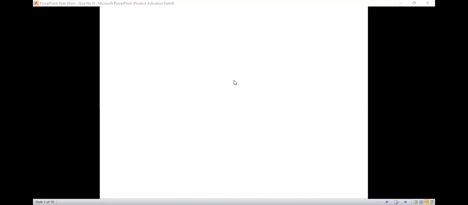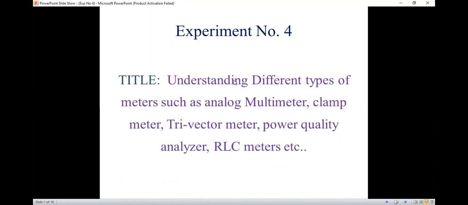The title of experiment number 4 is understanding different types of meters such as analog meter, that is analog multimeter, clamp meter, tri-vector meter, power quality analyzer, and RLC meter.